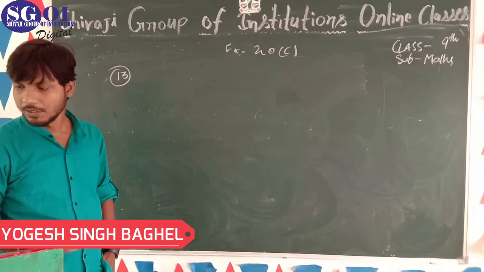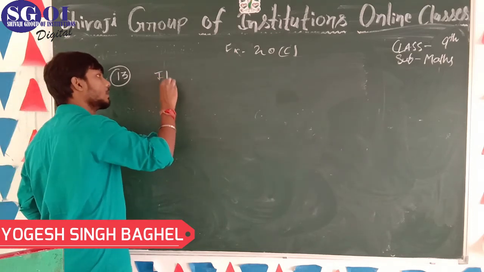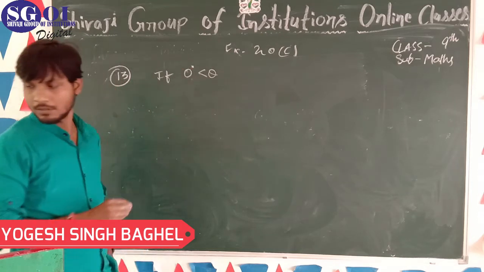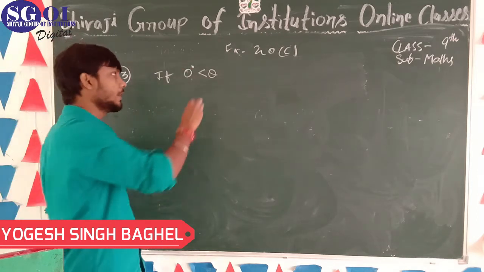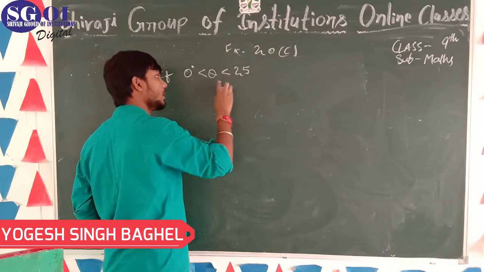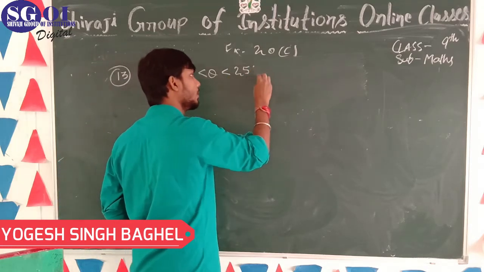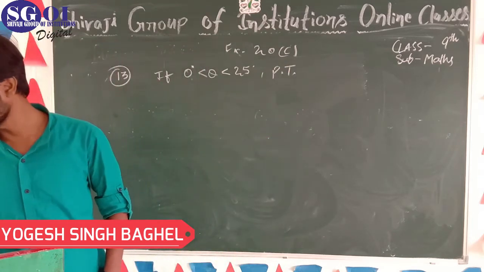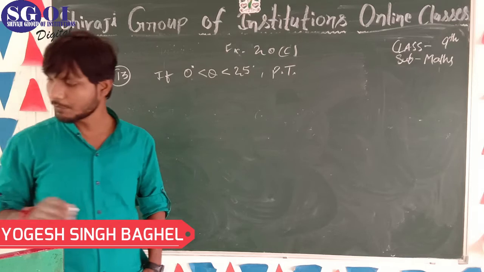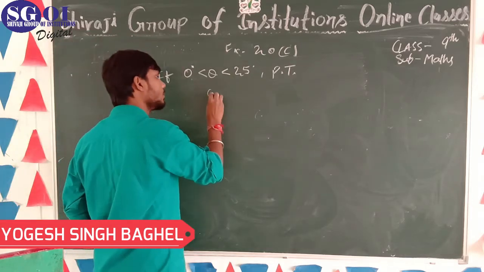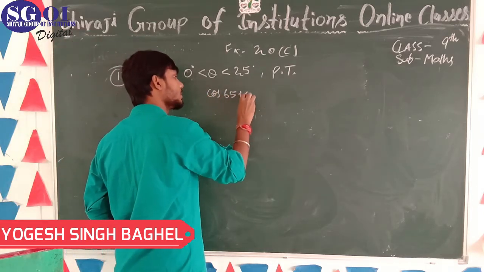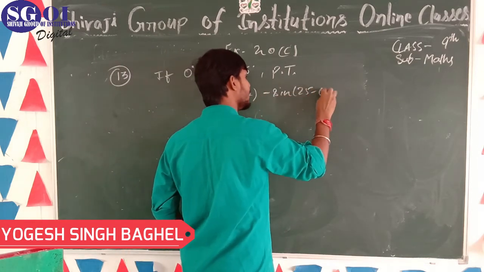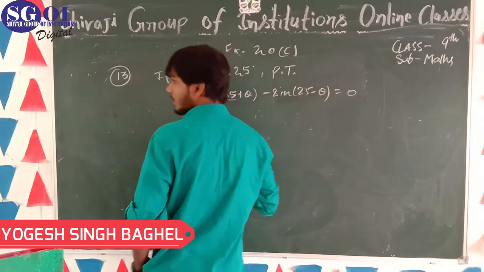The question is given: if theta lies between 0 degree and 25 degree, prove that cos 65 plus theta minus sin 25 minus theta is equal to 0.